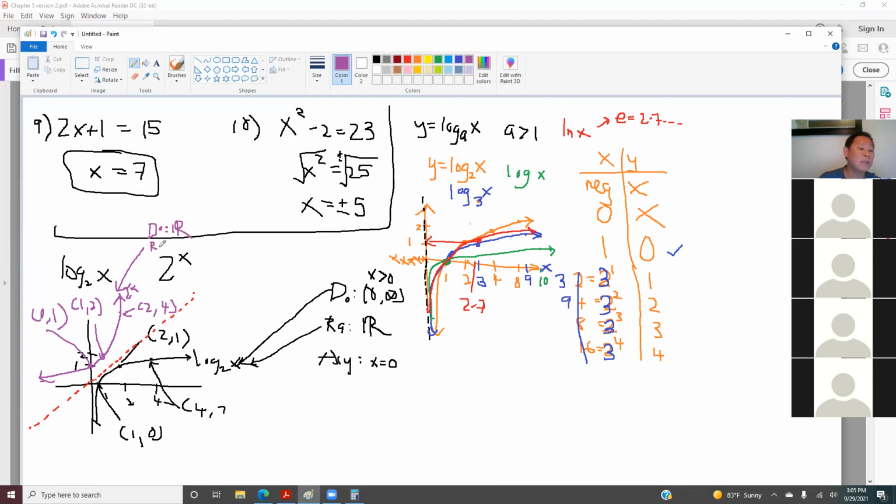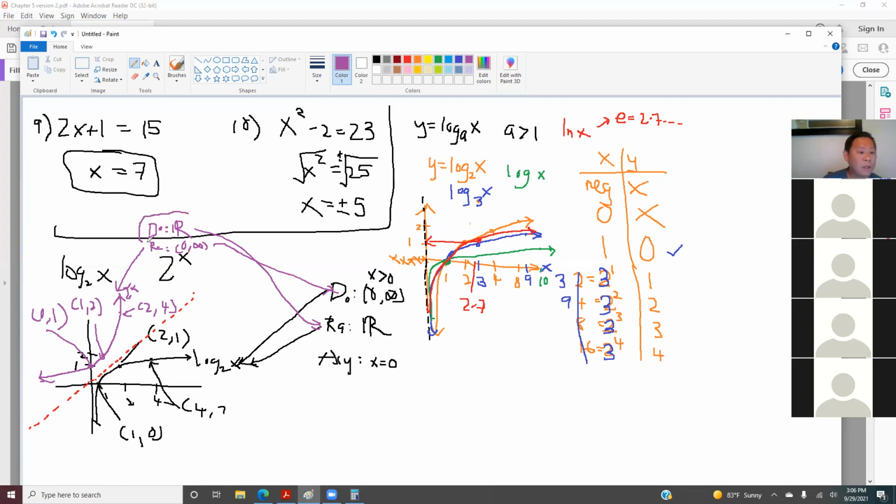And your range in this case will be 0 to infinity because it starts from 0, cannot touch 0, and goes to infinity. So what you notice about this is they are literally switched also. Your domain is the same as your range, and your range is the same as your domain. This is what we did in 2.6 when we talked about domain and range. So this is fixed.